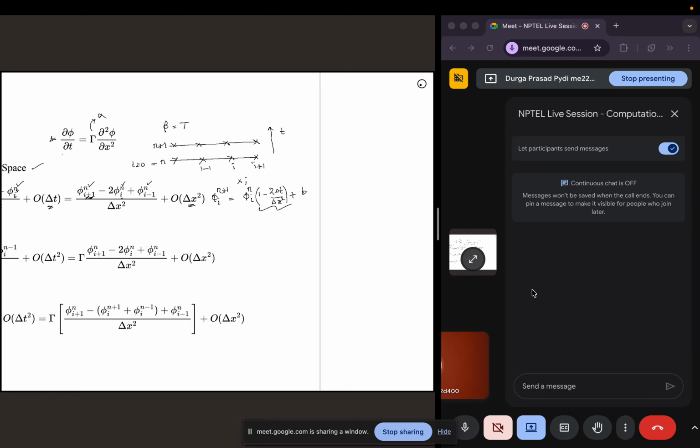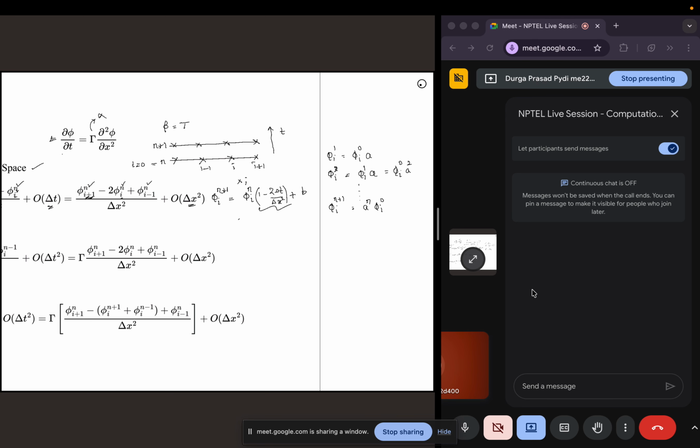So as you can see, I can write phi1 as phi0 times some constant a plus some b, if we neglect b for now. Similarly, at the next time step, phi2 is phi1 times a, which is basically phi0 times a squared. As you keep doing this, phi n+1 will be a to the power n times phi0.